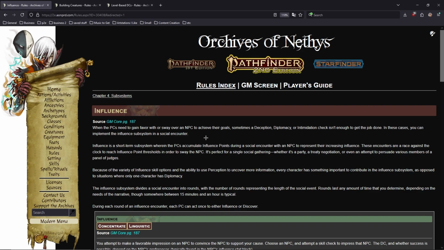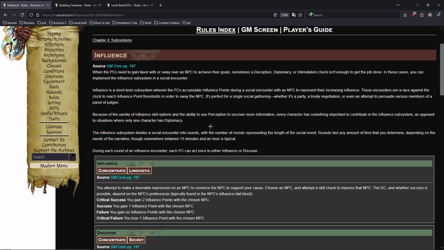The Influence subsystem is meant to be used as more of a one-on-one specific variation on the social encounters rules, and it's meant to provide support for people to engage with social encounters with less socially oriented skills as well.